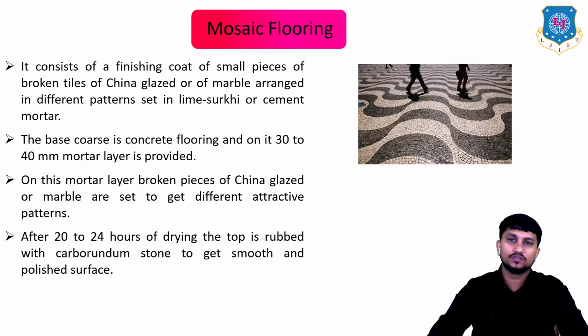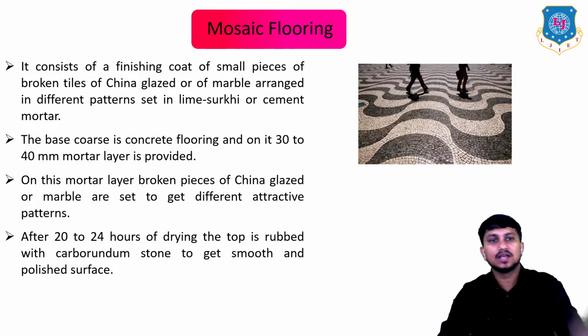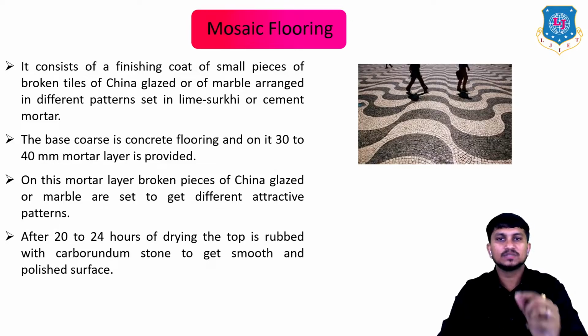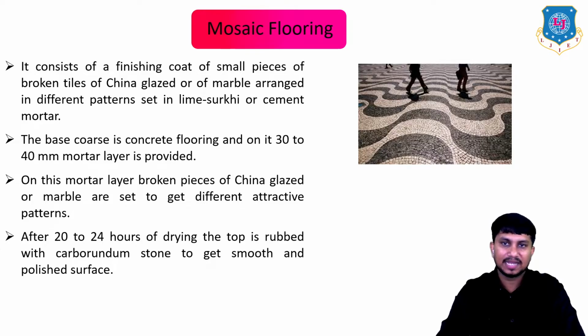The next type of floor finish is mosaic flooring. This is how mosaic flooring looks like. It consists of a finished coat of small pieces of broken tiles of china glazed or marble arranged in different patterns set in lime surkhi or cement mortar. The base course is concrete flooring and on it 30 to 40 mm mortar layer is provided.